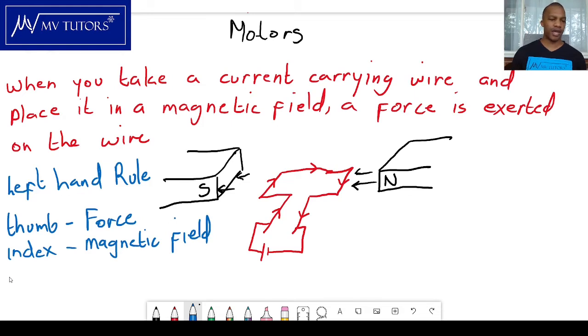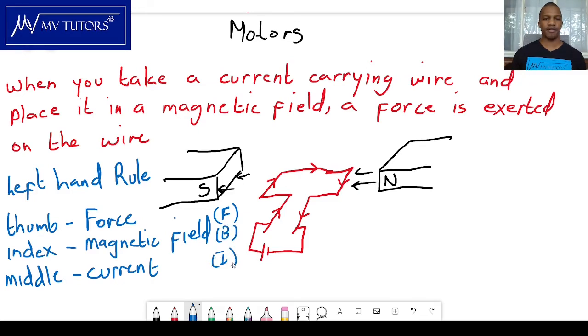And then the middle finger represents the current. So FBI: that's F, that's B, and then the current, that's I.